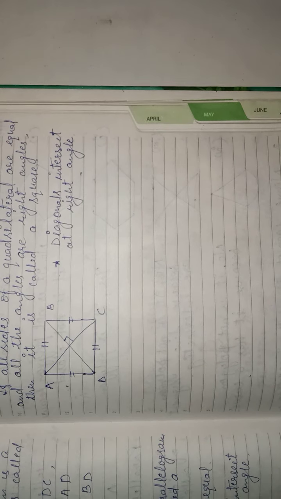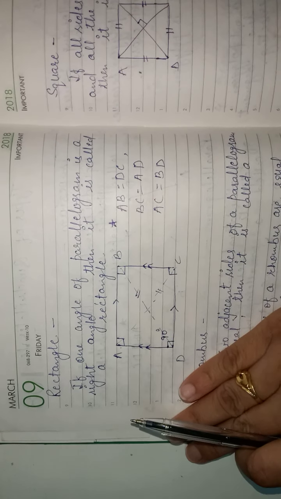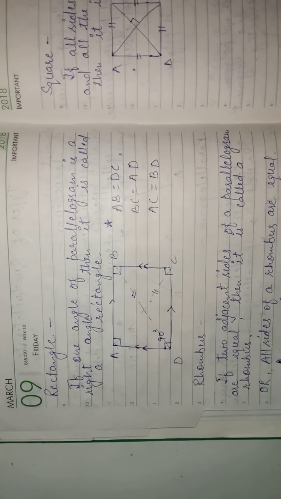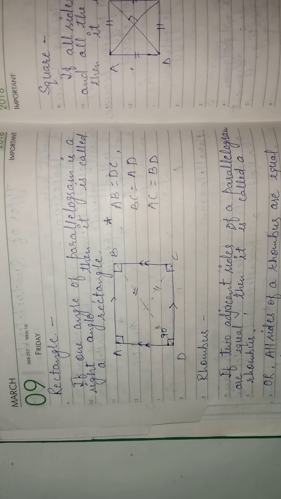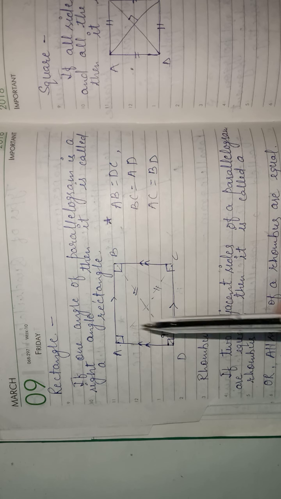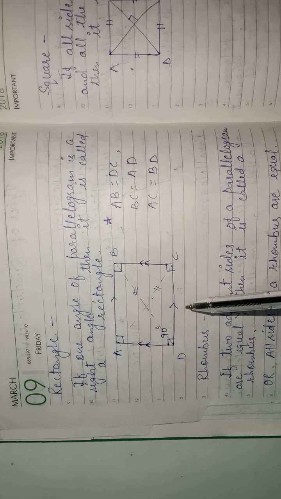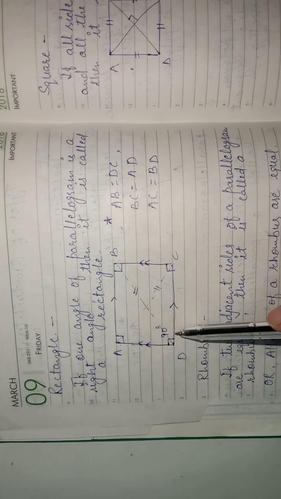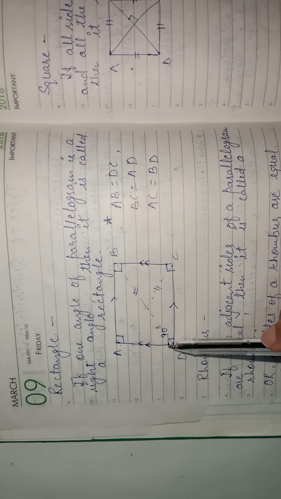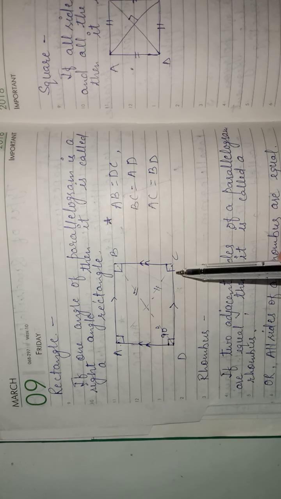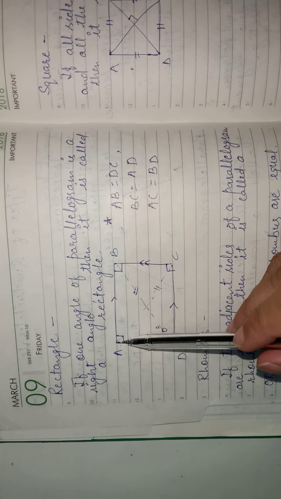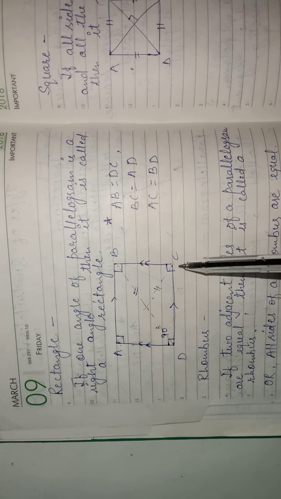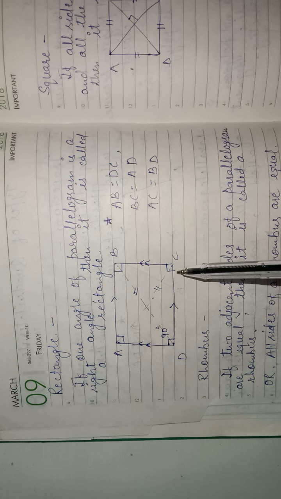Now the next quadrilateral is our rectangle. Students, a rectangle is a parallelogram, meaning opposite sides of that quadrilateral are parallel, and when this parallelogram has a right angle at a corner, that means if one angle is a right angle, the remaining three angles are also 90 degrees or right angles.